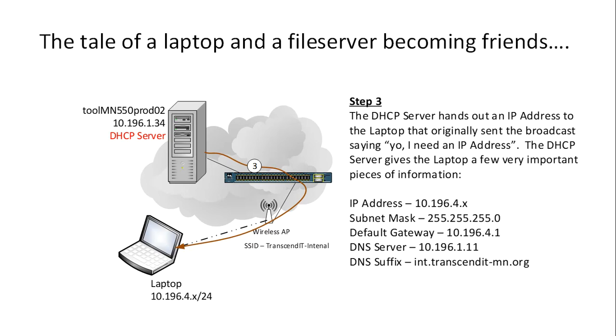Now that was the name of our file server, but really computers don't like using names. Names don't mean anything to them. The DNS server behind the scenes literally converted that file mn550 name to an actual IP address. So this is just literally saying to the computer, go talk to this DNS server and ask it what in the world that name actually means.